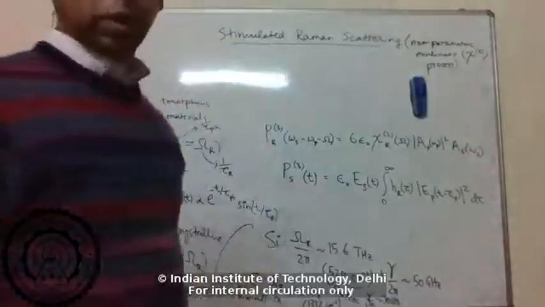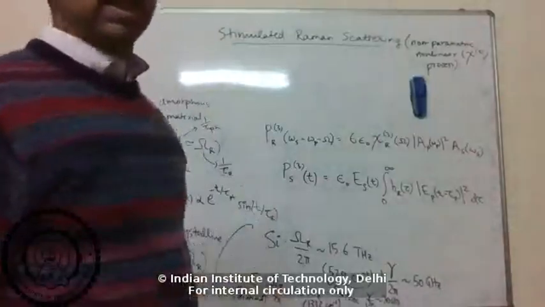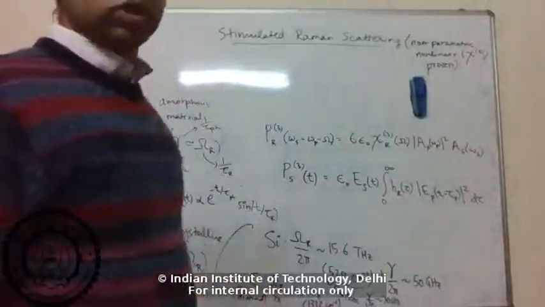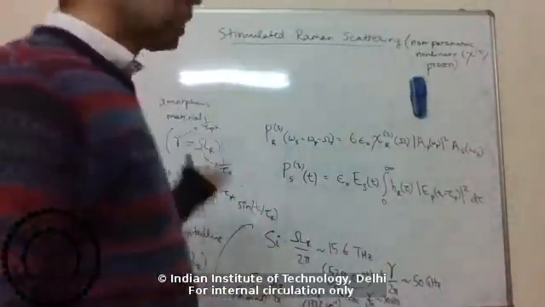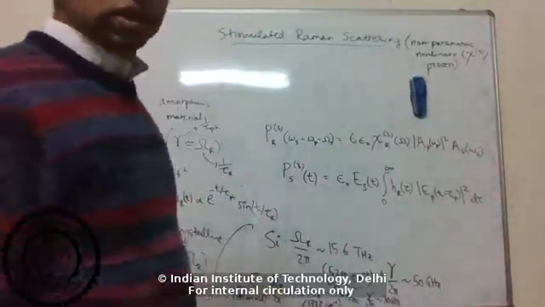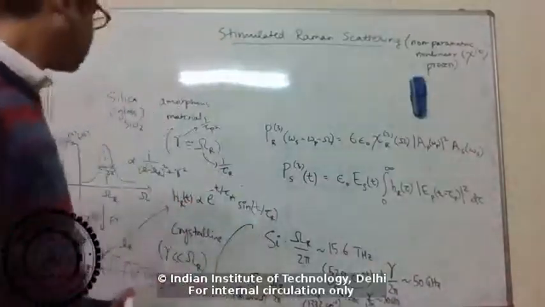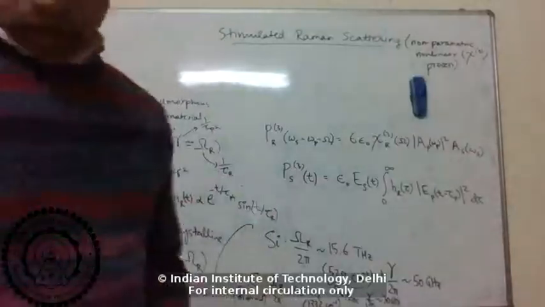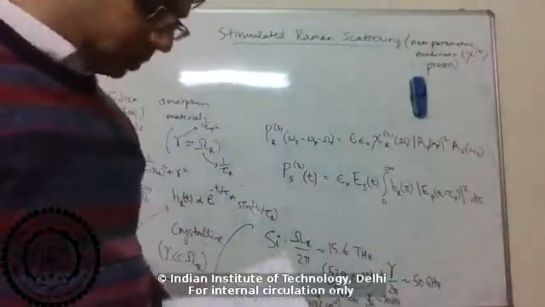So Agrawal talks a little bit about that if you're interested. Because silica is a very important material, right? Optical fibers and all sorts of optical elements we make out of silica. So to understand the Raman response in silica has been an important topic for a long time. Okay, so maybe we'll stop here.